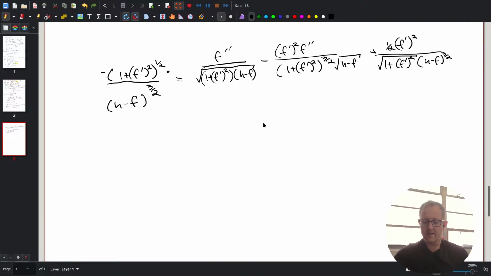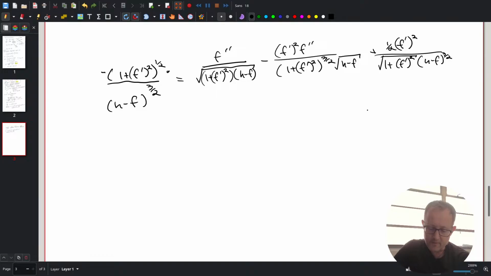So deleting all that. So we end up with a differential equation. It's definitely a nonlinear differential equation here. But what else can we say about it?